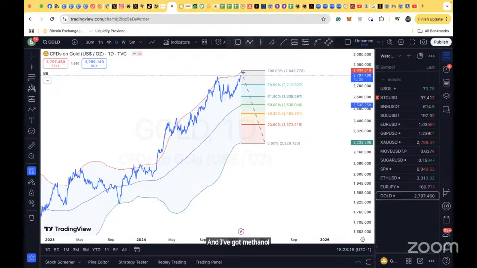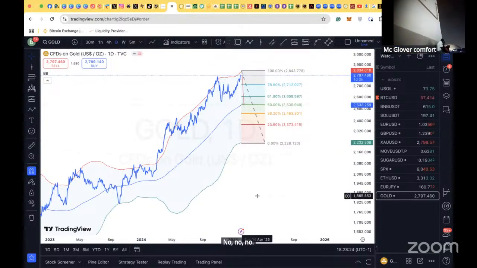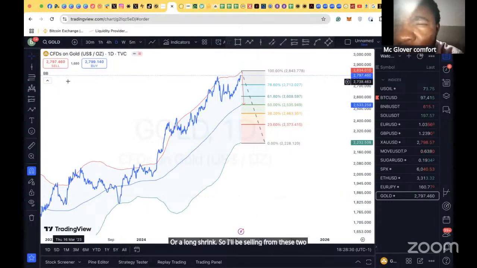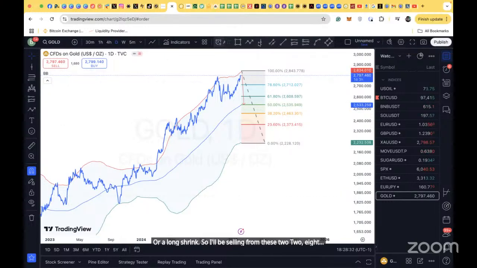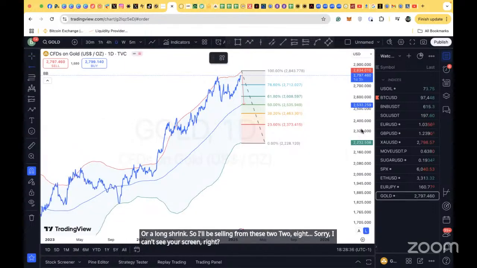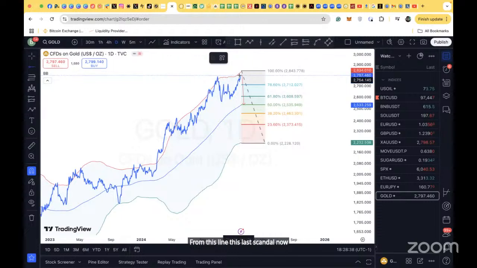That's on a long swing. So I'll be selling from this line, this last candle. The market is at 2797, right?